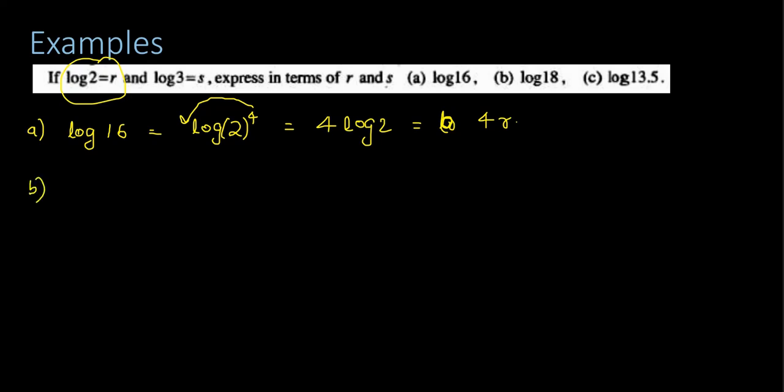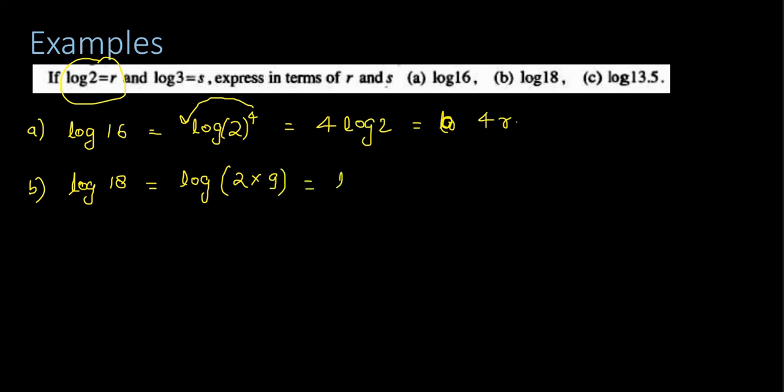B part, log 18. Now here there are factors of 3 and 2 also. It is not necessary that in each and every part we have to write both r and s. Sometimes if you are finding the factor of 3, then only log 3 will come. Otherwise it is just r, or otherwise it is just s. So log 18, you just find the factors of 18. This 18 can be written as 2 into 9.